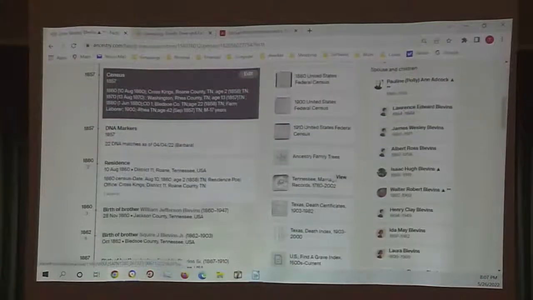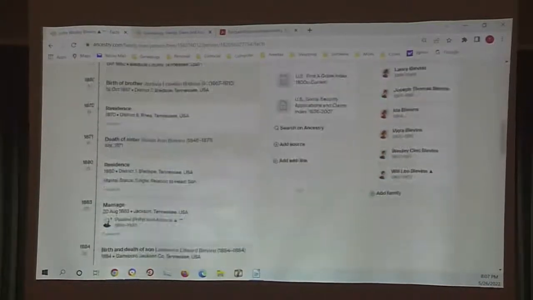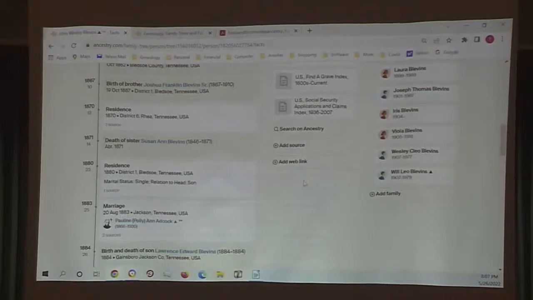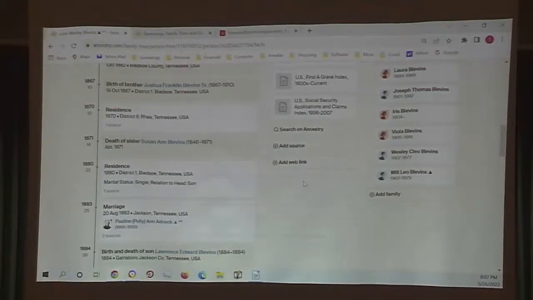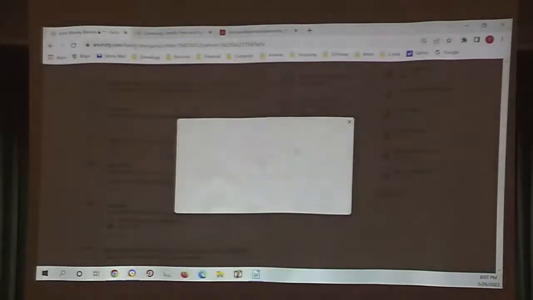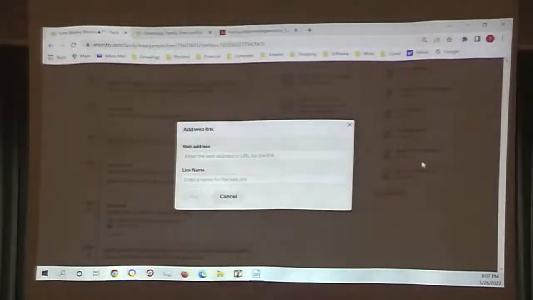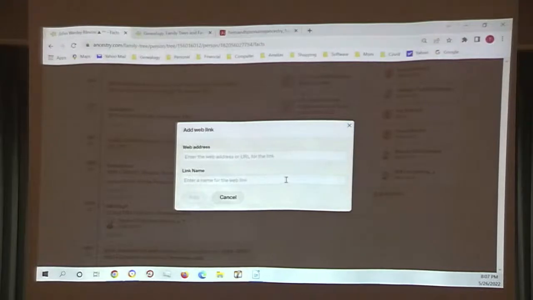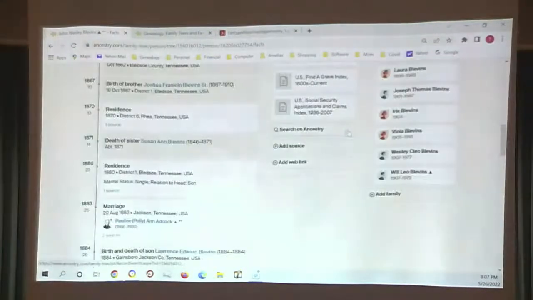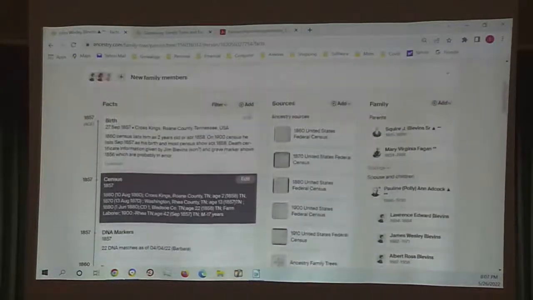Down here there's add web links. You copy the web link on the internet and then paste the web address here and describe what it's for. You can also add sources here.